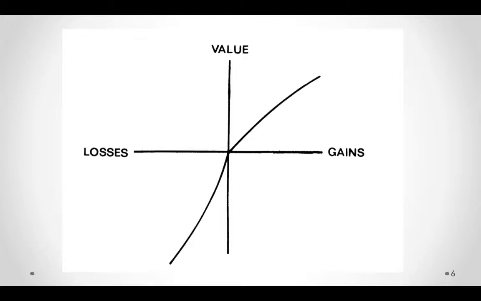And it translates it into a subjective value, or simply put value, or how happy it makes us, or how much pleasure we get out of it. Okay, so this curve, the value curve, translates an objective value into a subjective value. So it takes money in our case, and it translates how we feel about it.